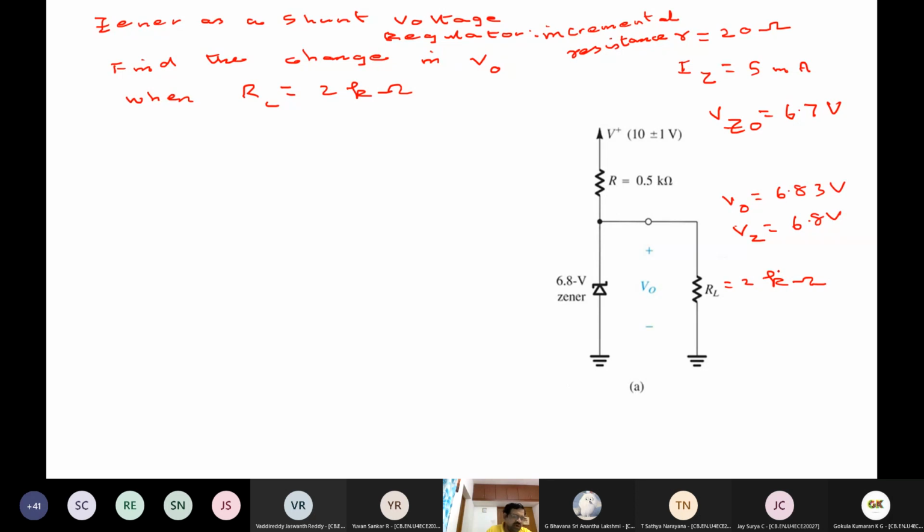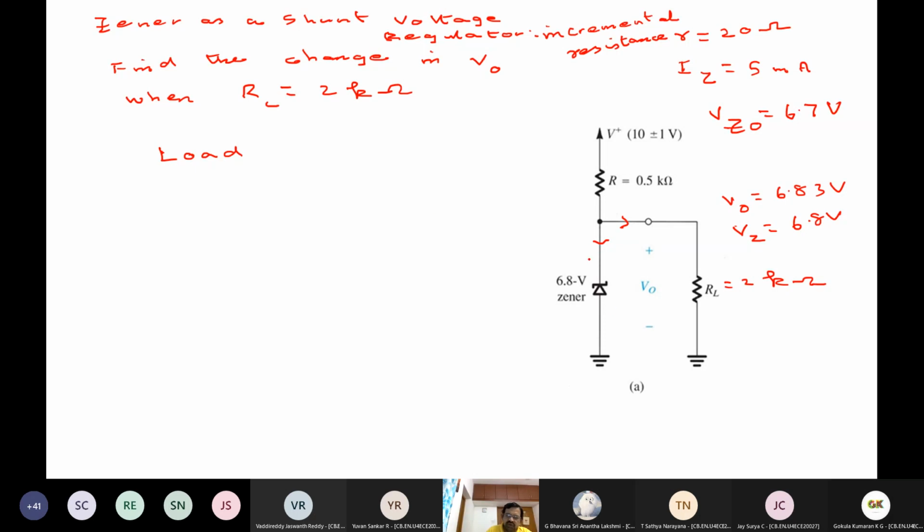So you have to think along this direction. Whatever the current is, that current is going to get split here. So we know the load current. If I know the load current, then my question is the change in V naught when RL is connected.